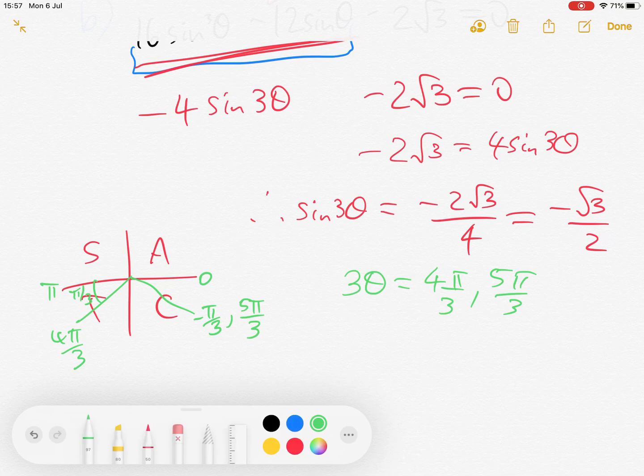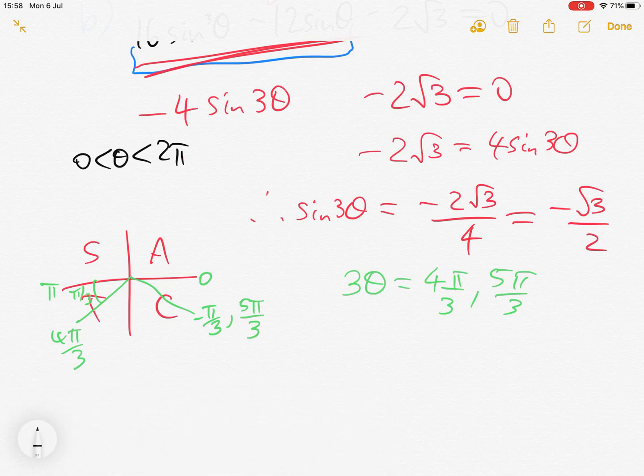And remember, we need to keep going because we know theta is between 0 and 2 pi. So 3 theta is between 0 and 6 pi. So we have to keep going round. So the next solution in T, we can add 2 pi to 4 pi by 3. So if we add 2 pi, we're going to get 10 pi by 3.